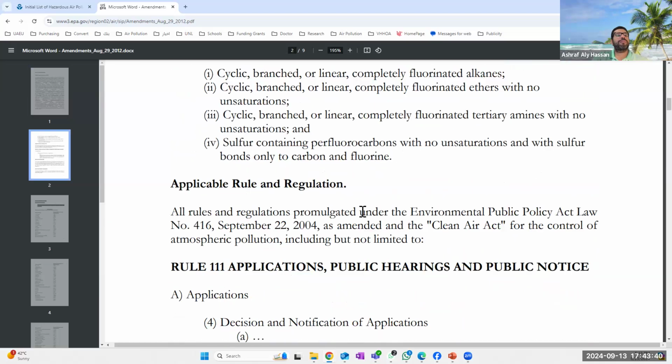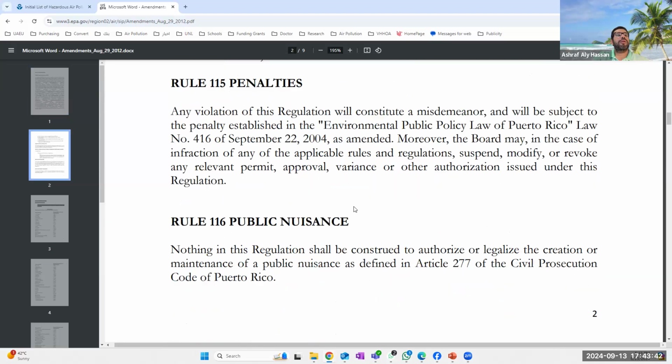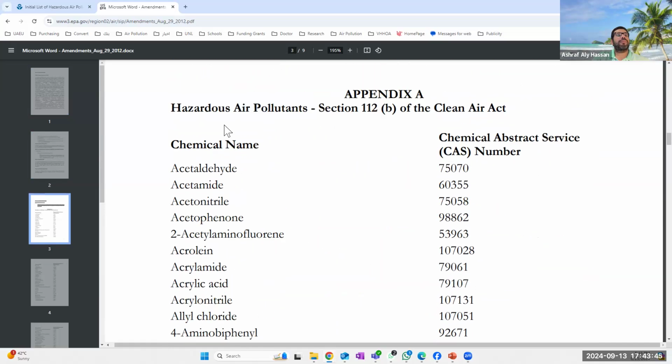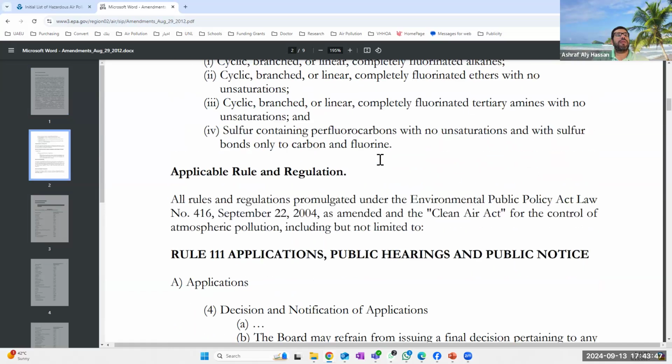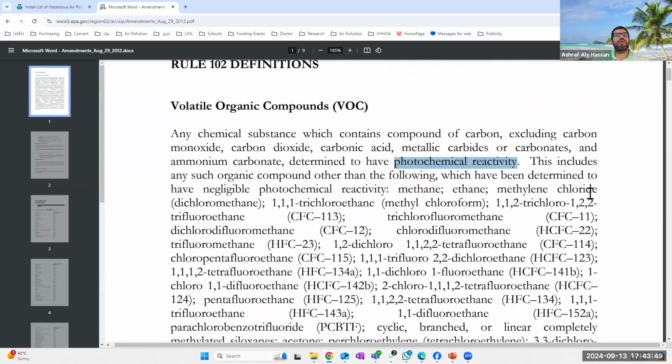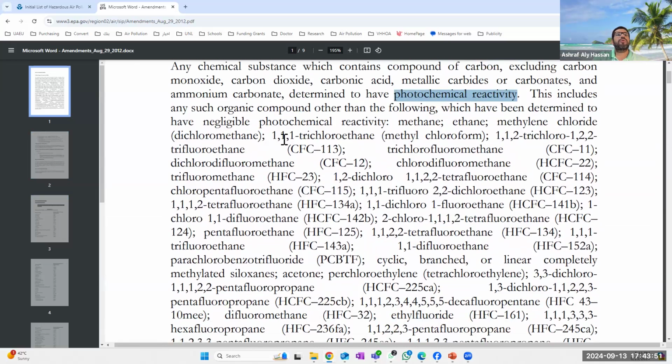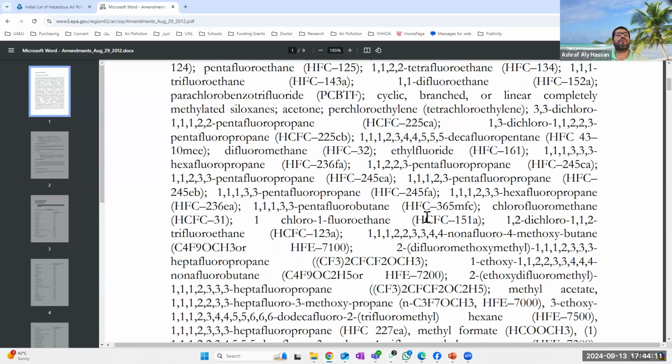Let's look at the list of things that include, determined to have negligible photochemical reactivity: methane, ethane, methylene chloride, 1,1,1-trichloroethane, 1,1,2-trifluoroethane, and the list keeps going forward.